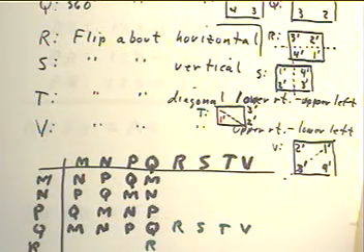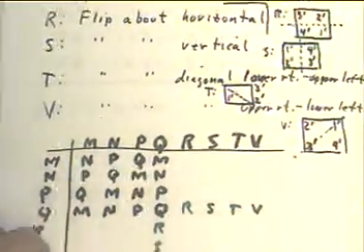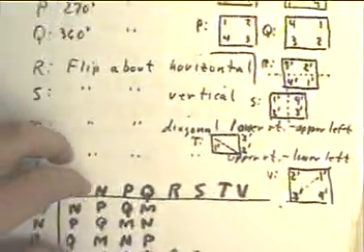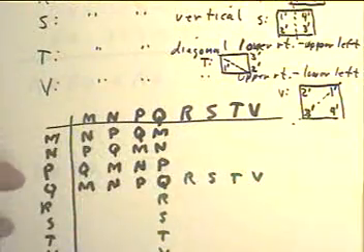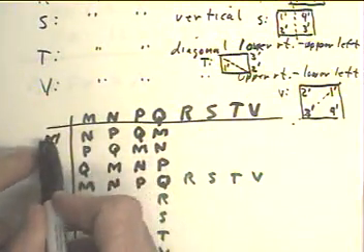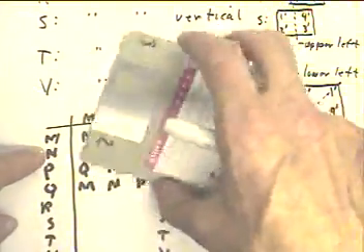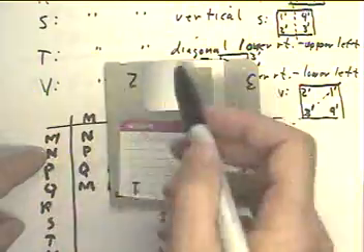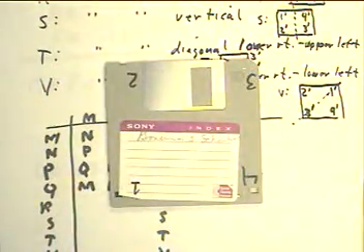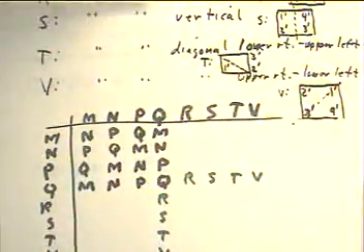We can make a table, and I'm not going to make the complete table because obviously that's going to take a fairly long time. But if we start here, an M and an M rotation, well, the M rotation is a 90 degree, the other M rotation is another 90 degree rotation, and that's just going to be the same as a 180 degree rotation.